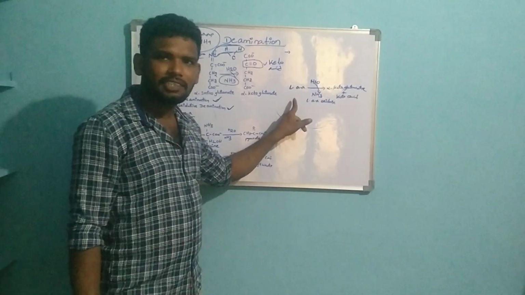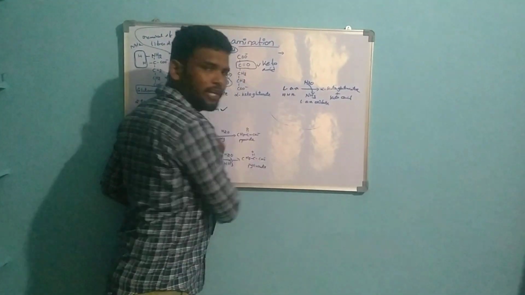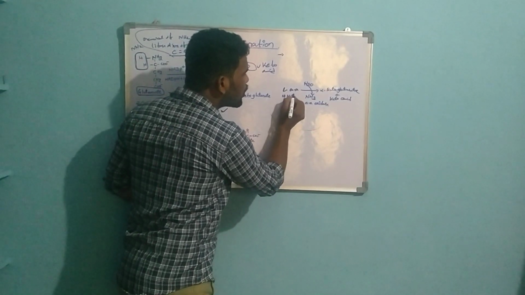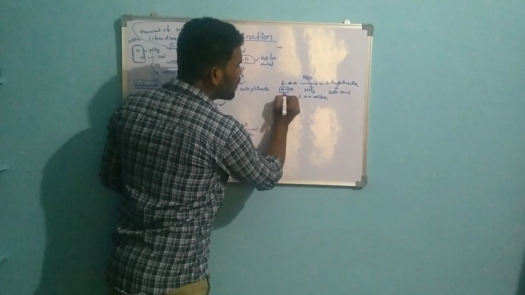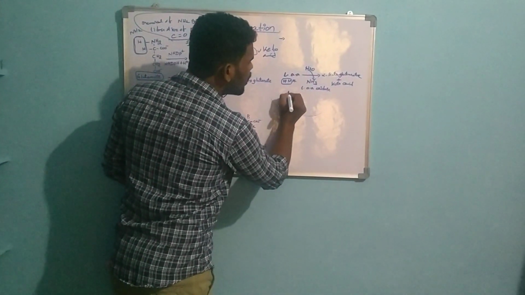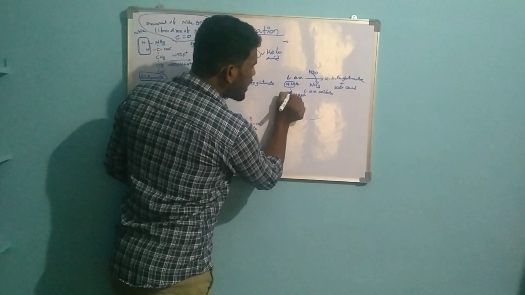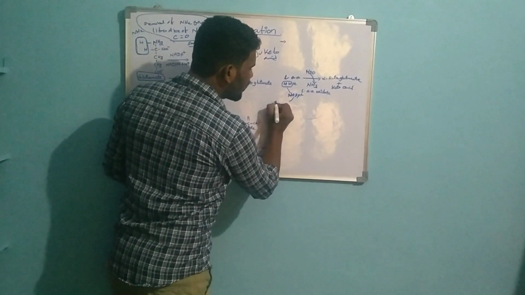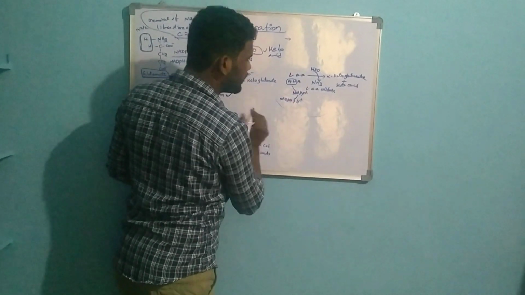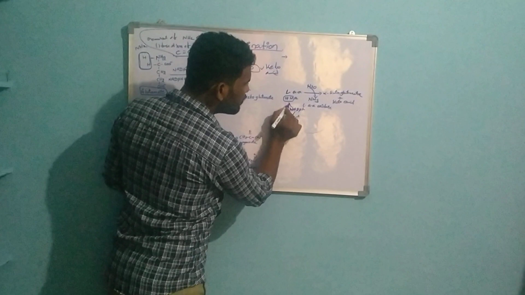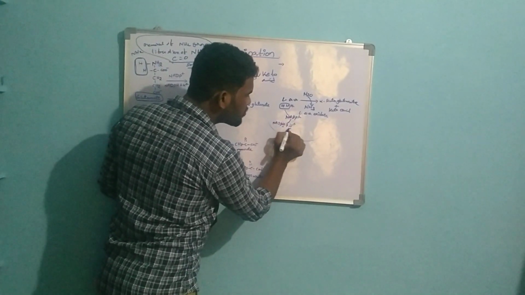The levoamino acid has three hydrogen atoms, and of these, two hydrogen atoms are liberated by the addition of NADP plus. This NADP accepts the two hydrogen atoms and gets converted into NADPH plus H plus ions.